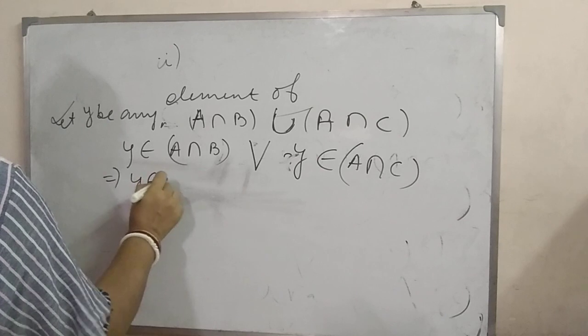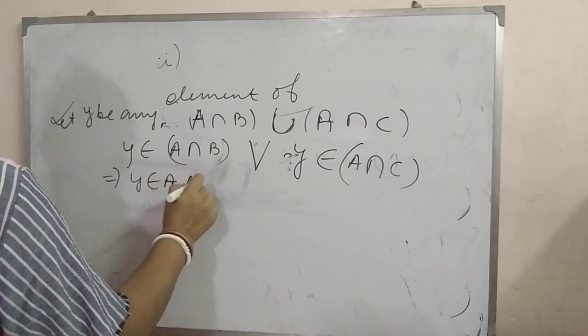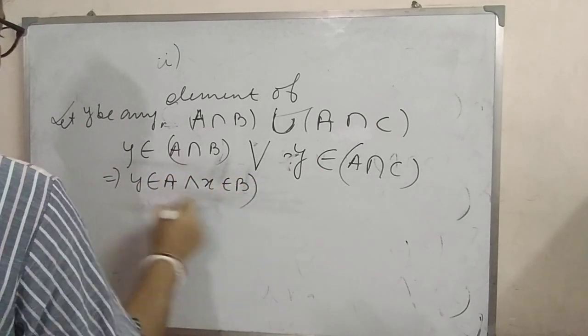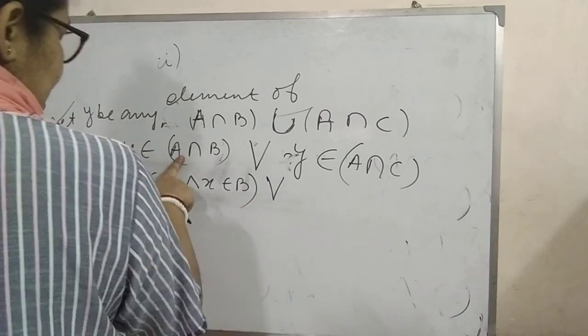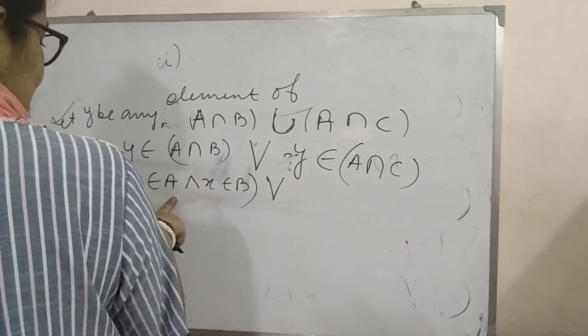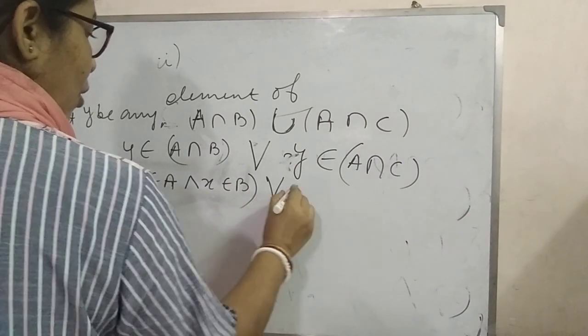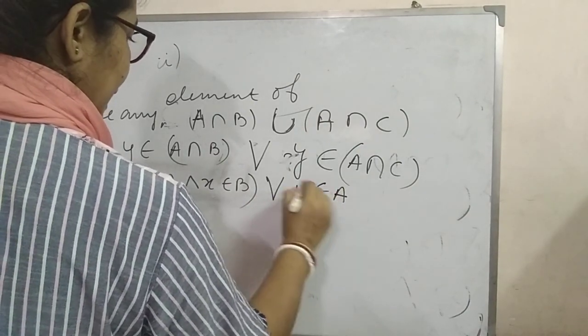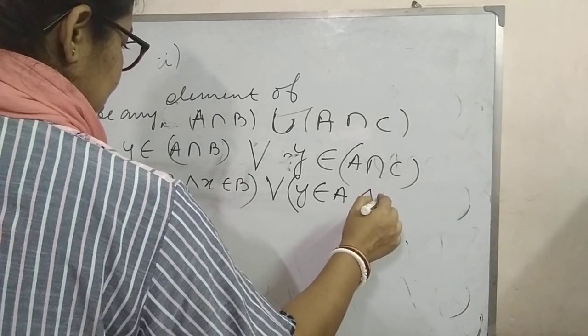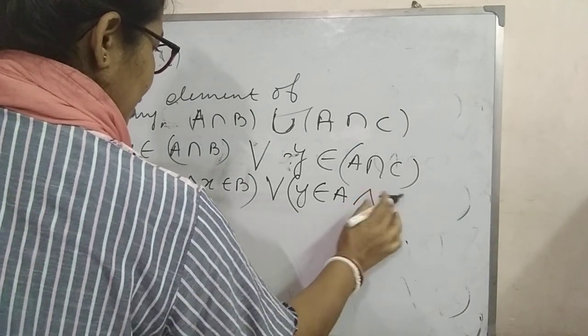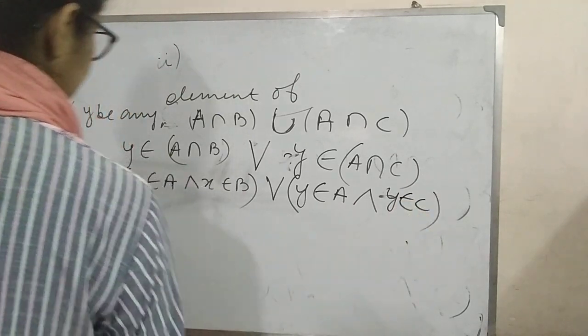That is, Y belongs to A and Y belongs to B, intersection means "and", or Y belongs to A and Y belongs to C.